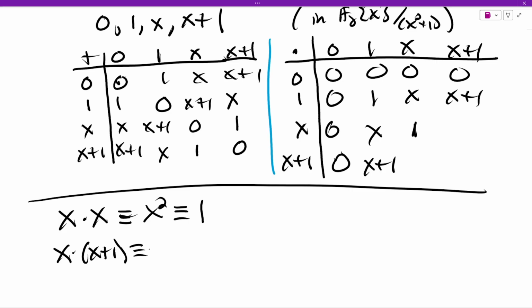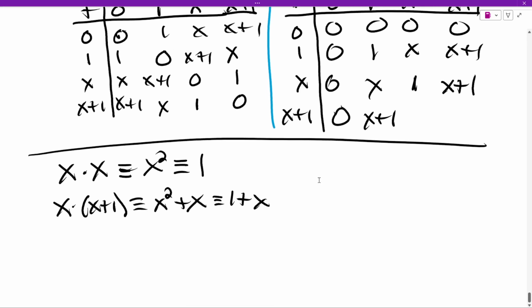All right, let's now look at x times x plus 1, the next one. So that's congruent to x squared plus x, and x squared is the same as 1, so that's 1 plus x. So x times x plus 1 is x plus 1. And it's commutative, so x plus 1 times x is also x plus 1. Now let's look at x plus 1 squared.